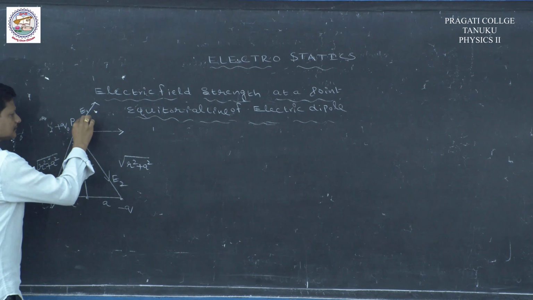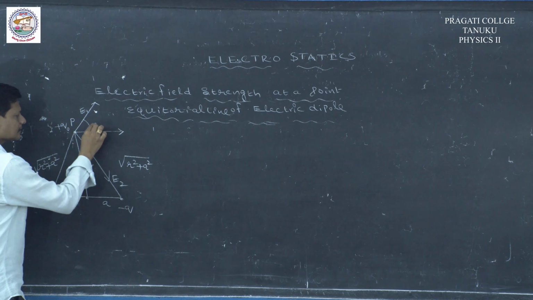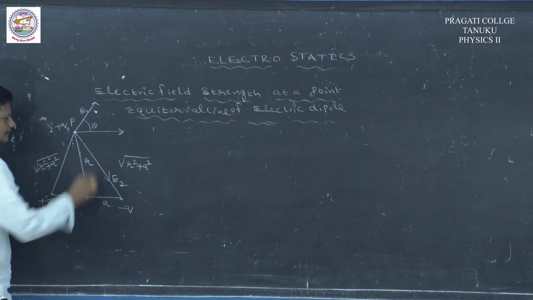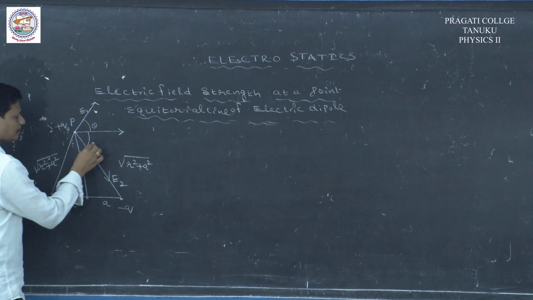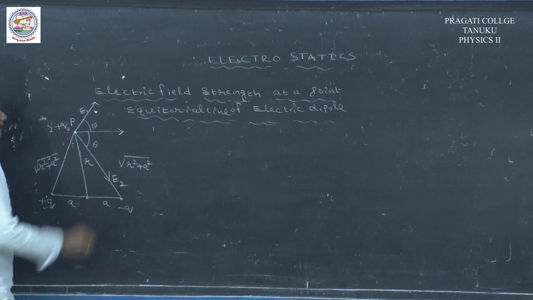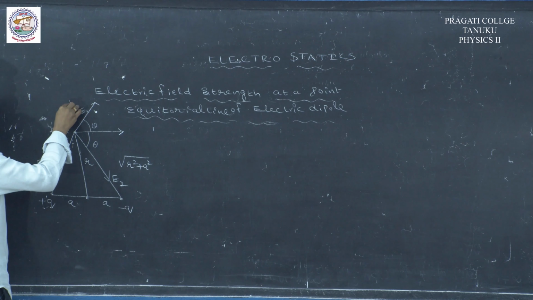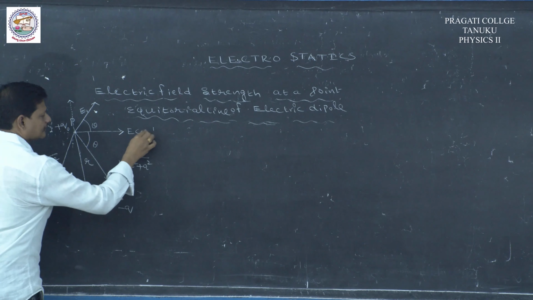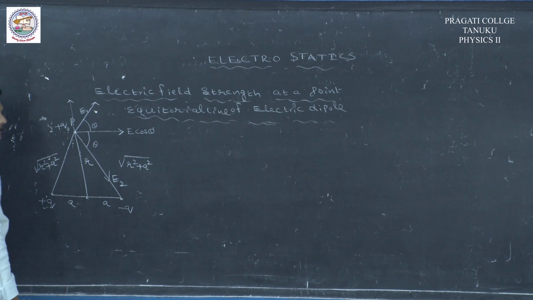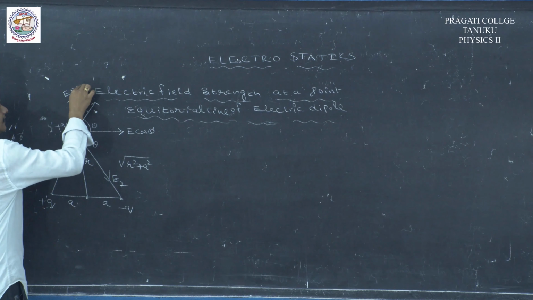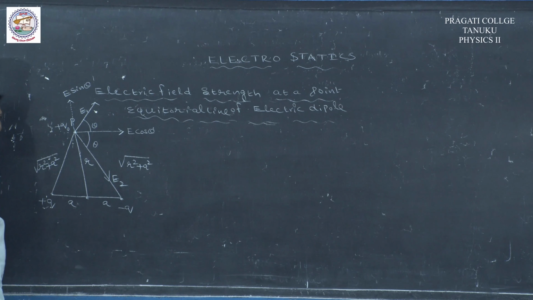Let E1 make an angle theta with the resultant, and E2 also makes an angle theta with the resultant. If E1 is resolved into two components, E1 cos theta is the horizontal component, and E1 sin theta is the vertical component.